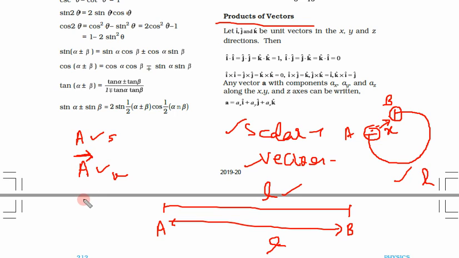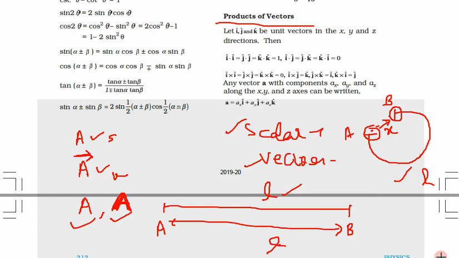If it is a scalar, it is written as a simple letter. But if it is a vector, it is written in bold letters. Any bold letter means vector. Normal letters are scalar, bold letters are vectors.